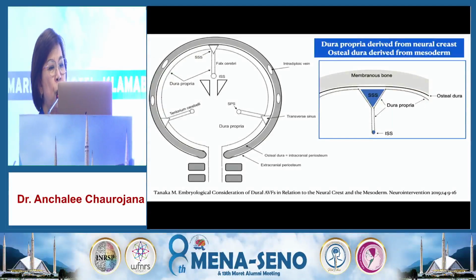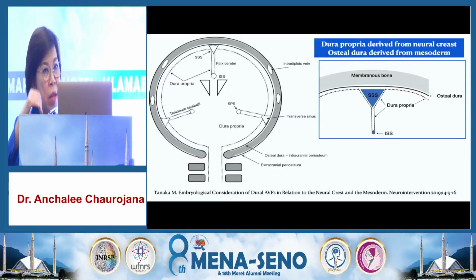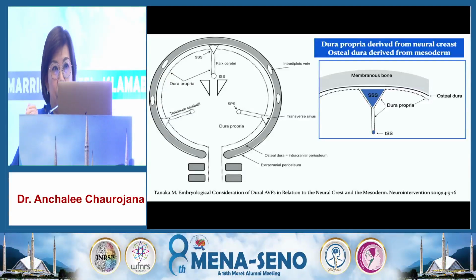This is like a coronal section of the brain, and you may notice that at the transverse sinus, one side is the periosteal dura and the other side is the dura propria, right?